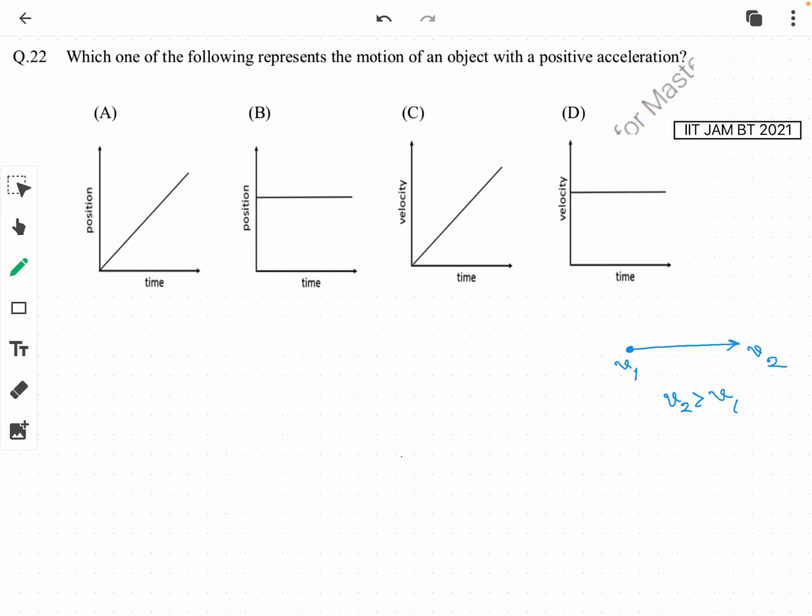Now we know that the formula for acceleration is equal to change in velocity by change in time.